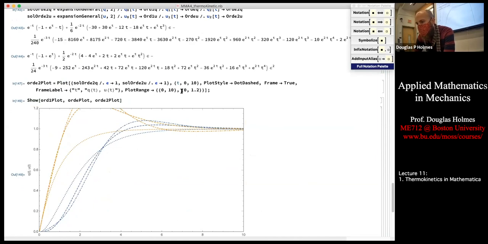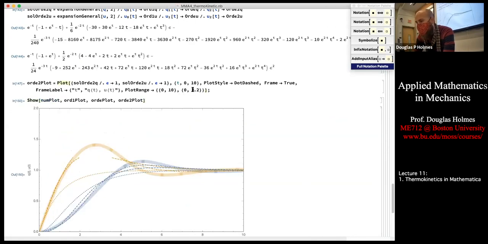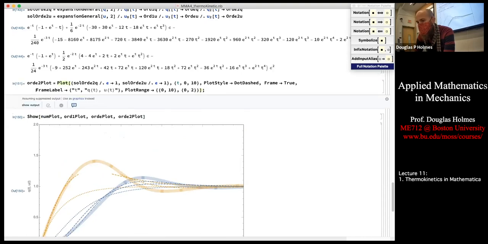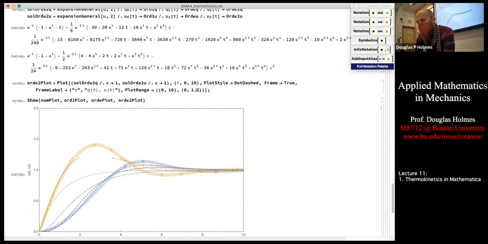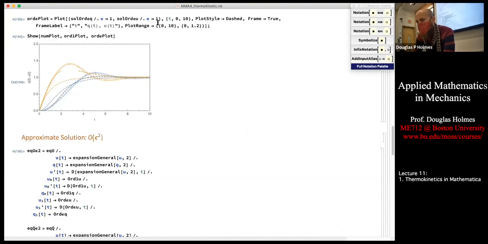Because the range is 0 to 1.2. Ah, yes, thank you very much. I should do that up here, 2.